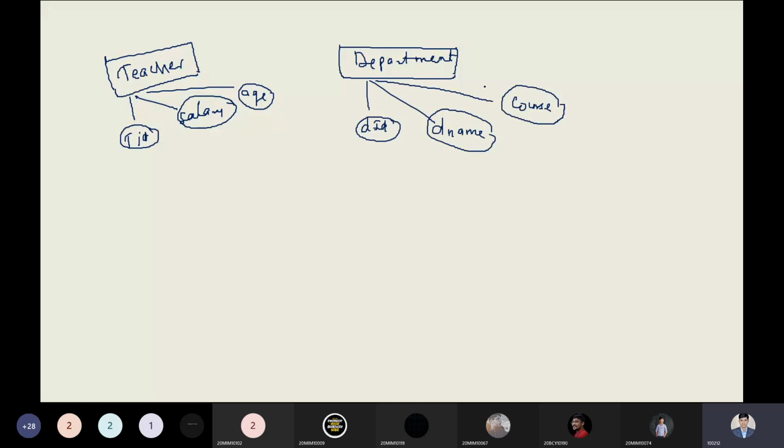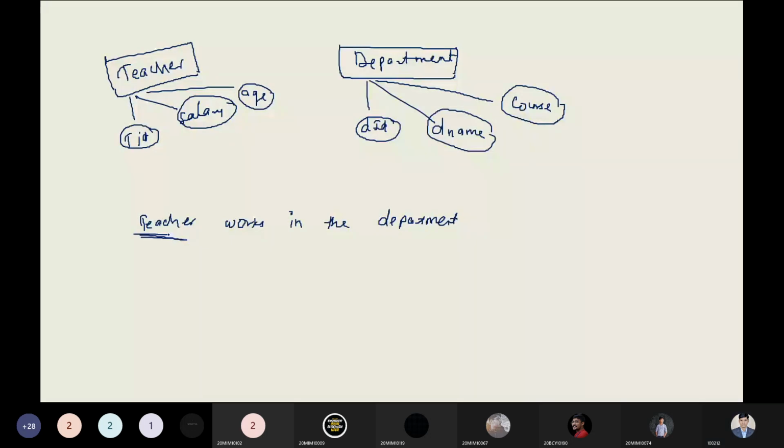So we have the simple thing. If I'm writing a statement, teacher works in the department. So there is a relationship between these two entities, teacher and department.